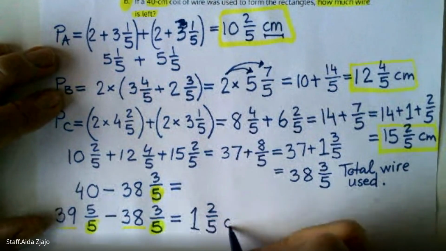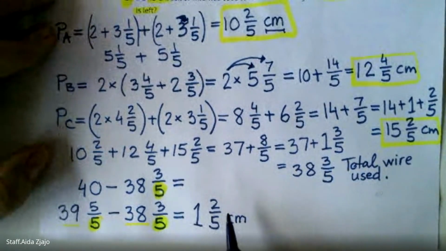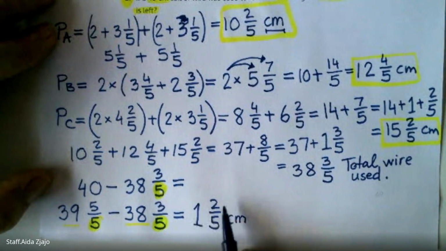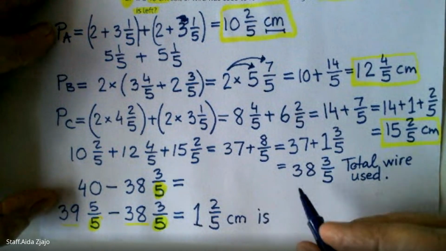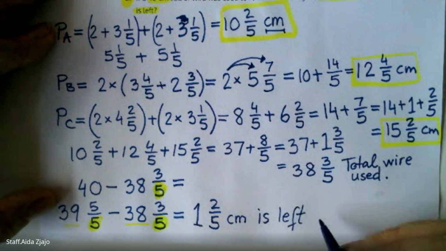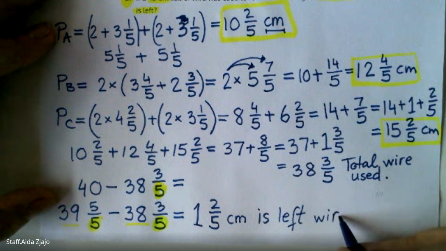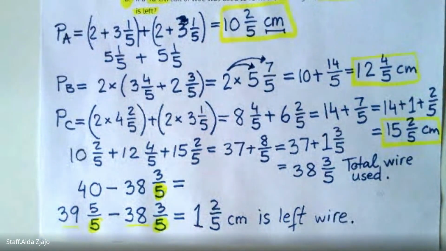So 1 centimeter and 2/5, that is how much wire is left. 1 and 2/5 centimeters is the leftover wire. Okay, guys, that was problem B, and I think we are done with this.